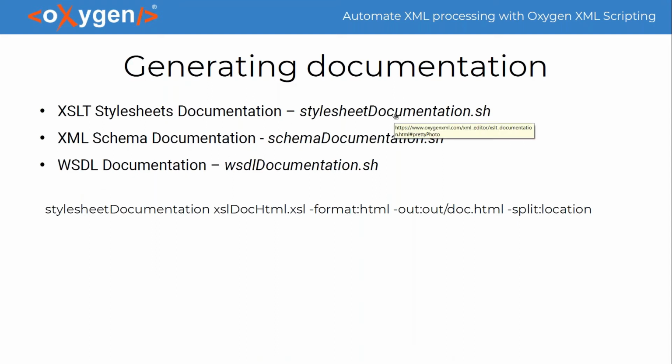Again, this functionality was available in the graphical user interface in Oxygen, but now if your projects also have this type of deliverables like style sheets or XML schemas, you can integrate these features into your pipelines.